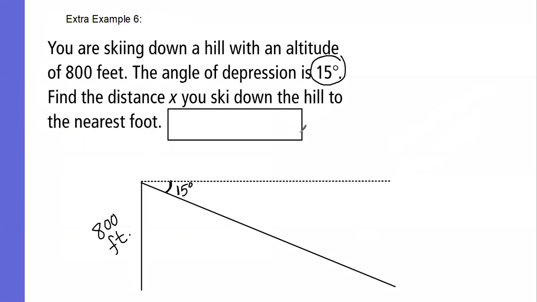So my distance that I'm skiing, well, that's going to be right here, right? So let's color code that real quick. So the distance that I ski down the hill would be right here. And we're calling that x feet, and we're going to round this to the nearest foot when the time comes.